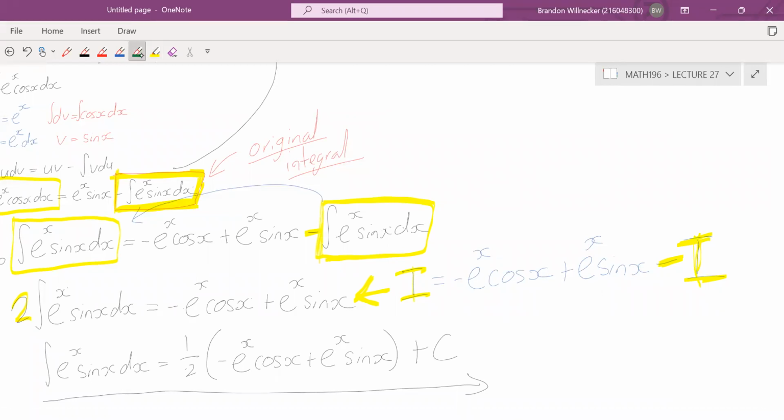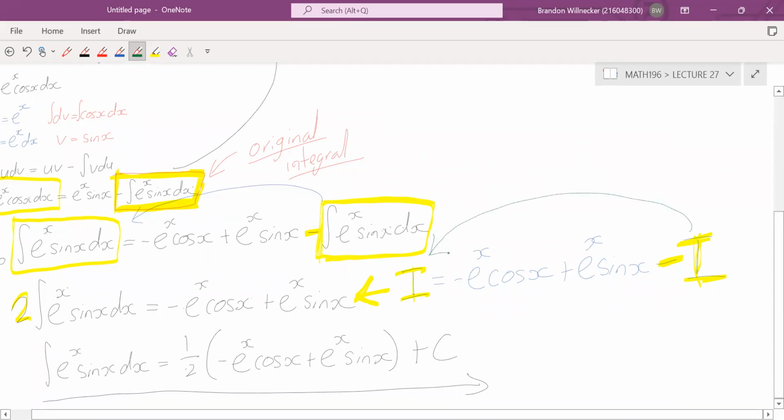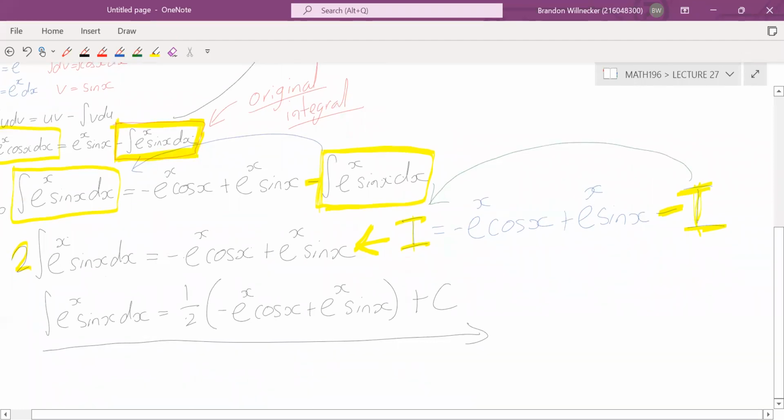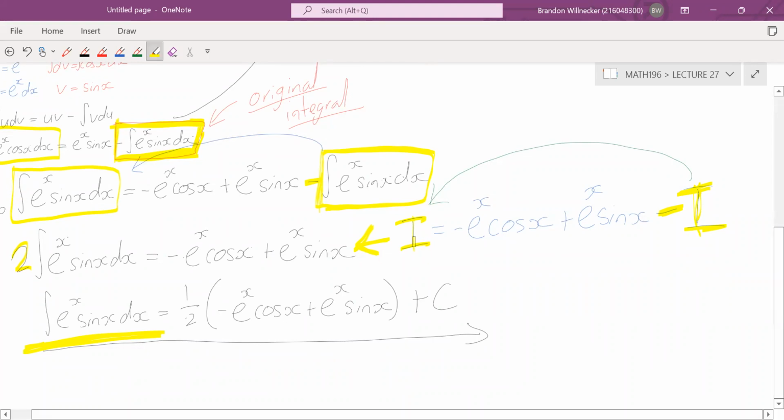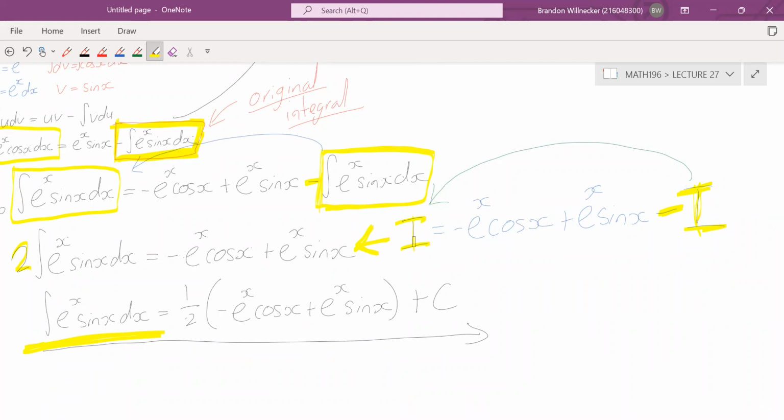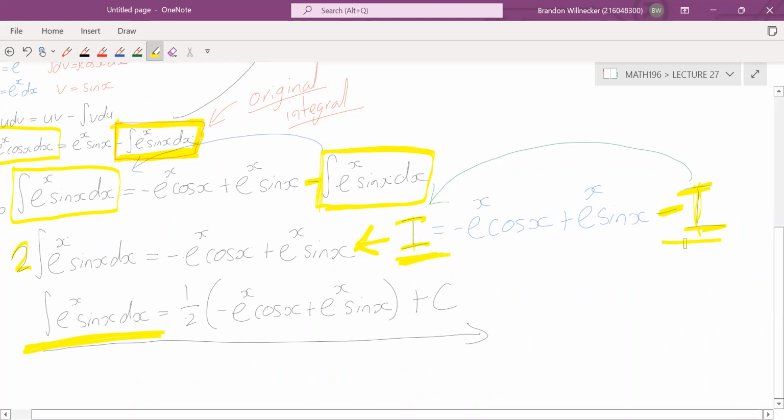So we take I over to the other side, and we get 2I is equal to the stuff on the right-hand side. We divide both sides by 2, and we get what we wanted. Okay, so it's just a little trick that we can use. Whenever we get back the original integral when we're doing integration by parts, we can take it over to the other side and then solve for it as if it were just a variable like this.